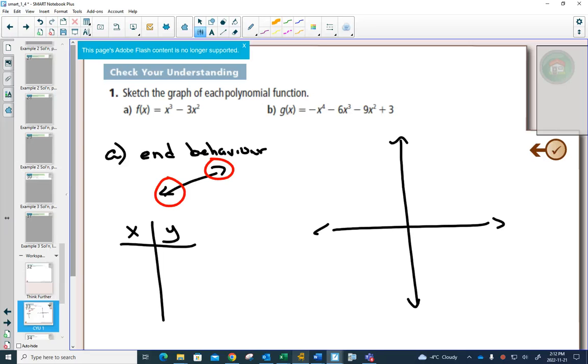Right? I could plug in 0 for x, and I would get 0 for y. So I know this is one of my points. I could plug in 1 for x, 1 minus 3, I'd get -2. And I could keep doing that. I could plug in -1, which would be -1 minus 3, -4.